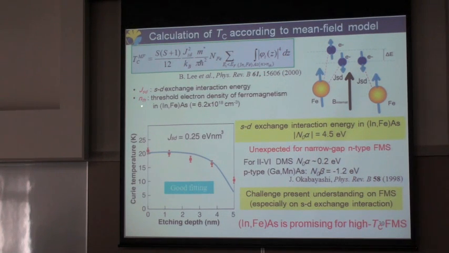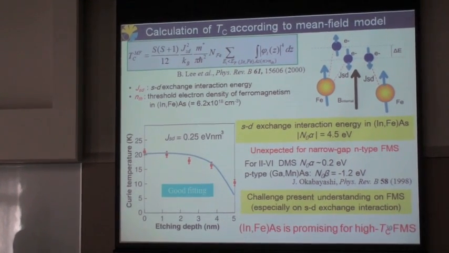These are the fitting parameters. Although this is a different material, we applied this theory and tried to explain our experimental results by using these fitting parameters. JSD is the sd exchange interaction energy, and this is the threshold electron density of ferromagnetism.